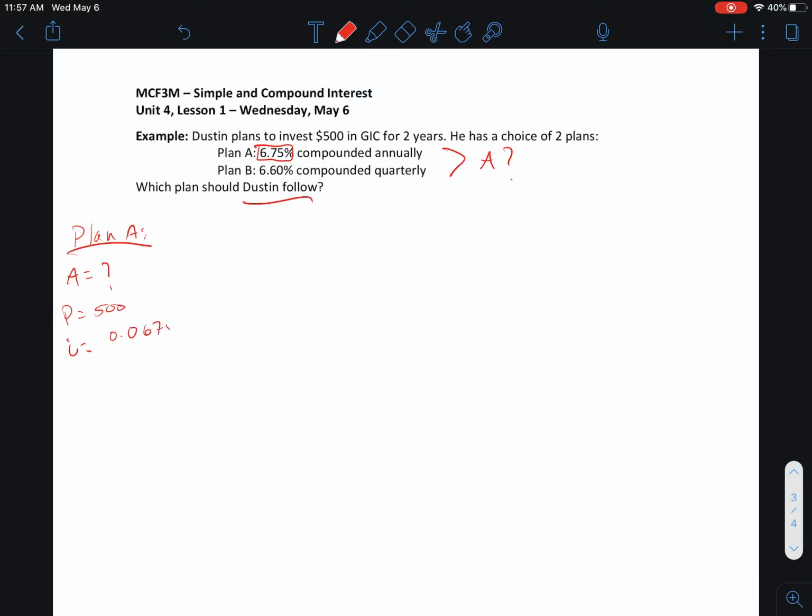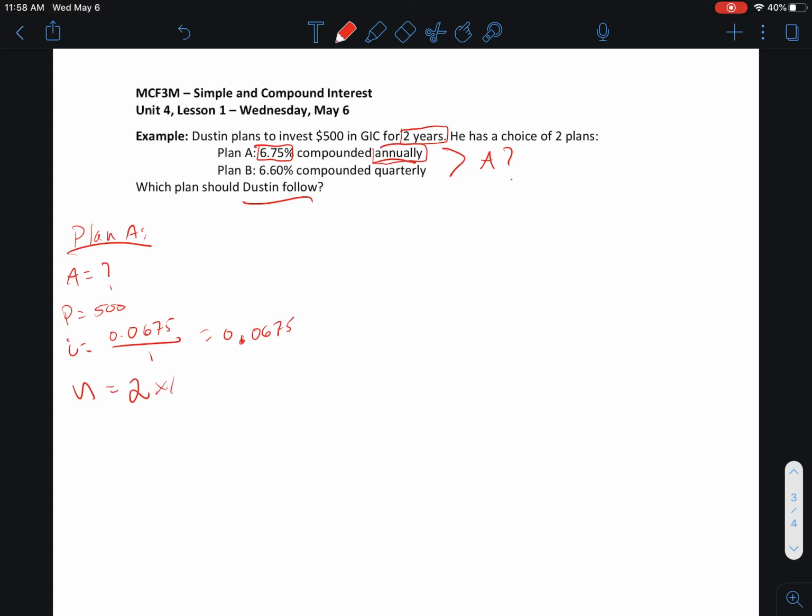And then I, the interest rate, is going to be 6.5%, which turns into 0.0675, but it gets compounded annually, so divided by 1, it's still just going to be 0.0675. Now, N, how many times does it get compounded in total is N.